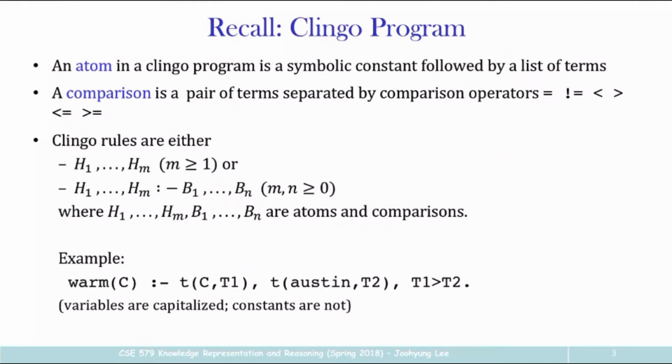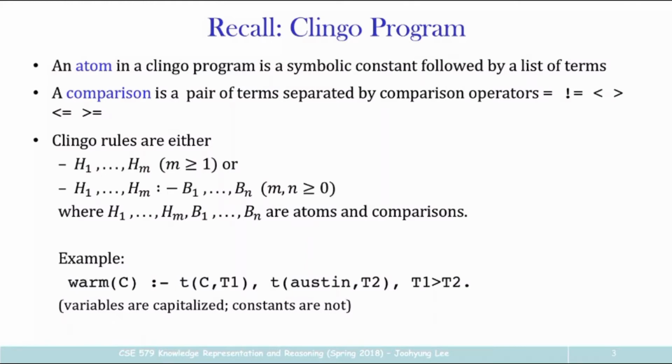Okay. So what are the Clingo rules? Clingo rules have this form, basically what you have seen before as a program. So it is a conjunction of atoms or comparisons, like H1 through HM. So that's one kind of Clingo rule.